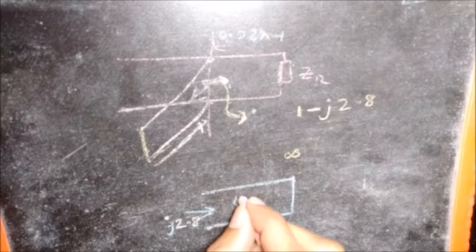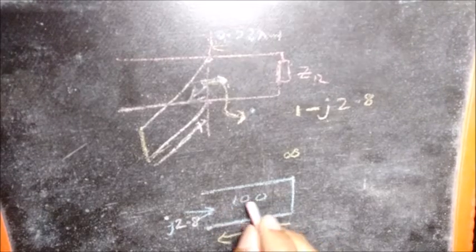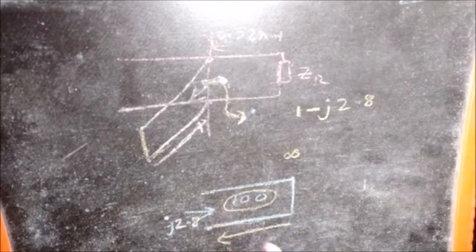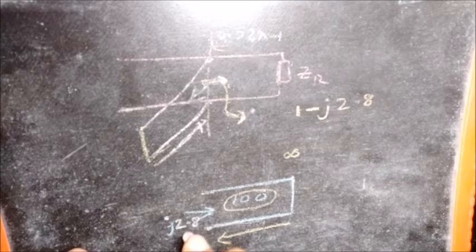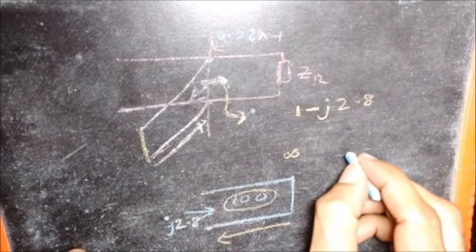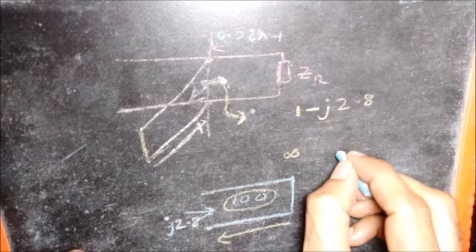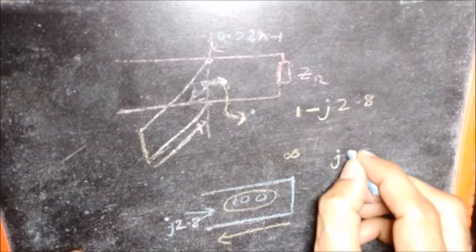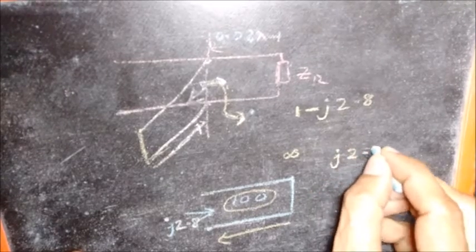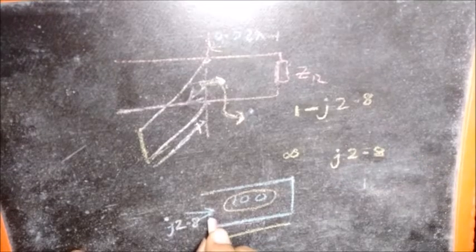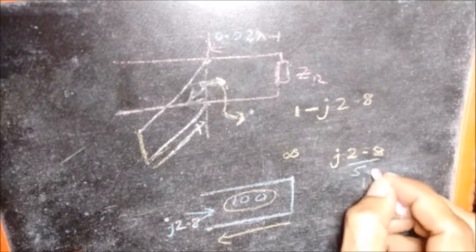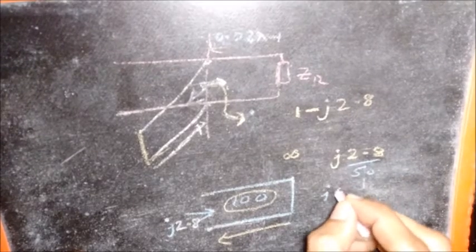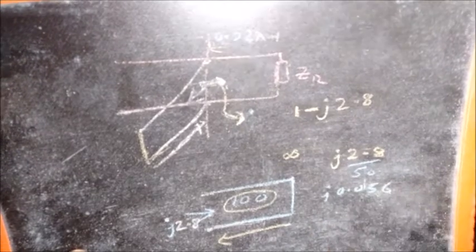Remember the characteristic impedance of the stub is 100 ohms. This j2.8 was normalized with respect to 50 ohms, so we have to remove that normalization. The actual required admittance will be j2.8 divided by 50, which is j0.056.